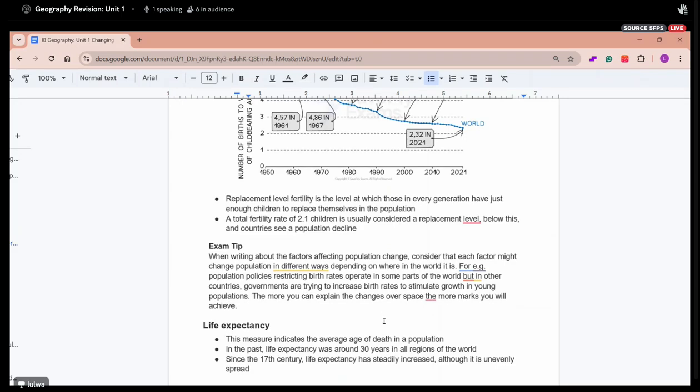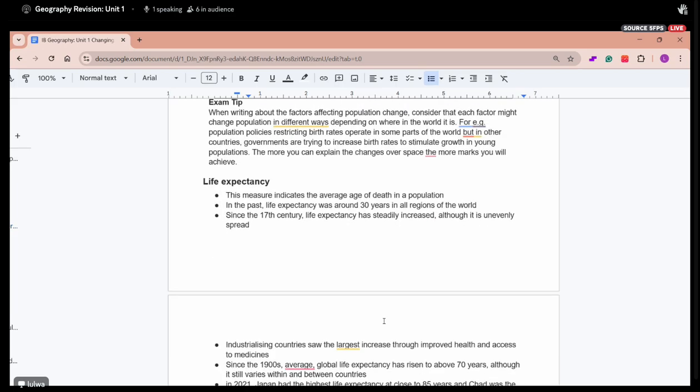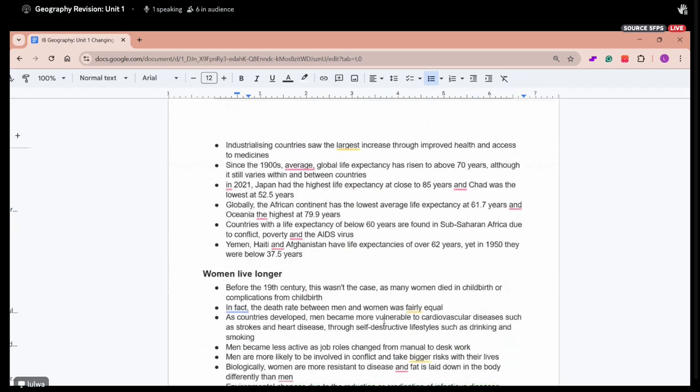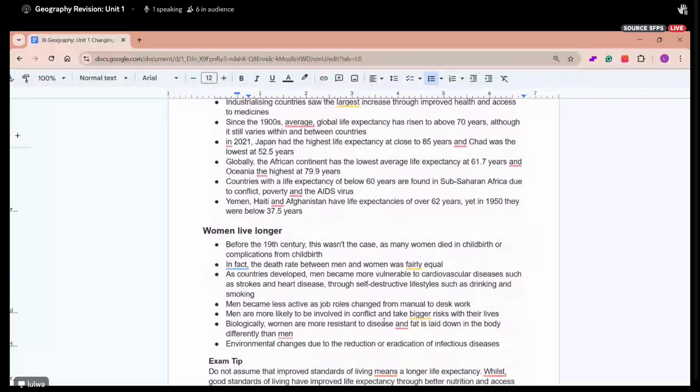Then you also have life expectancy, which measures the average age of death in a population. There is a saying that women live longer, because the death rate between men and women was fairly equal before the 19th century.